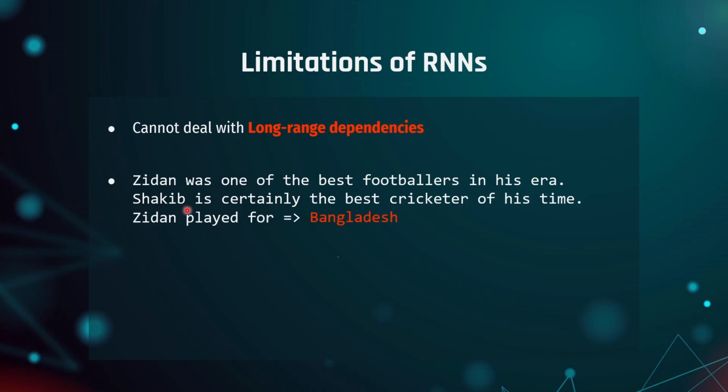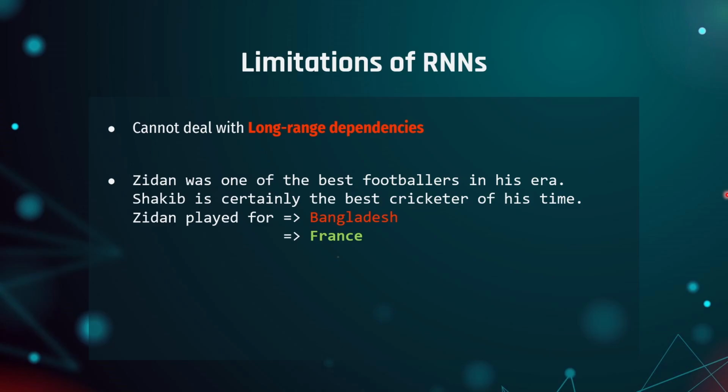So from the concept of word embedding, the relevant word for Shakib and cricketer is what? Bangladesh, right? So even though our model encounters the word Zidane, it's very likely that it would predict Bangladesh instead of the correct prediction, which is France.